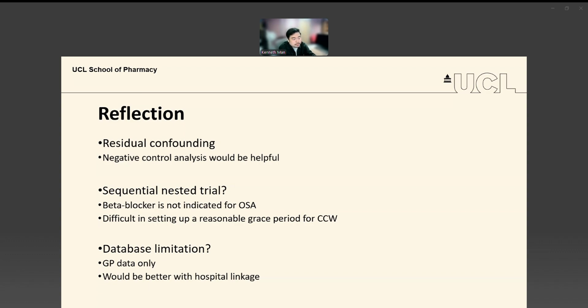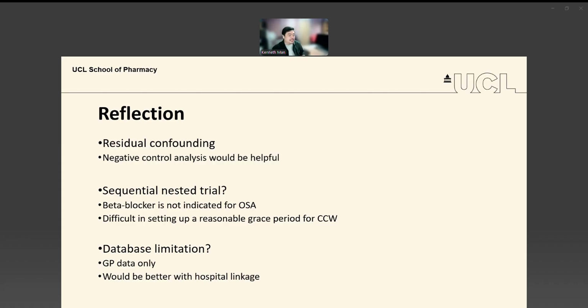That may be concerning in some sense, because it's kind of difficult to set up a reasonable grace period since my exposure is not really indicated for my cohort of interest. So potentially a sequential nested trial may be a better option.